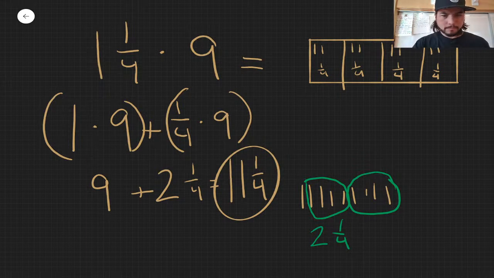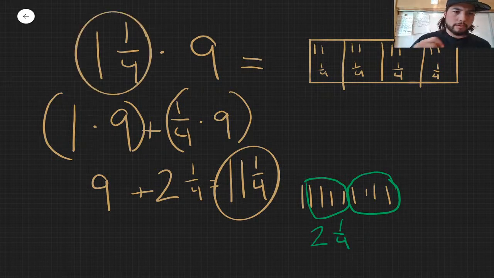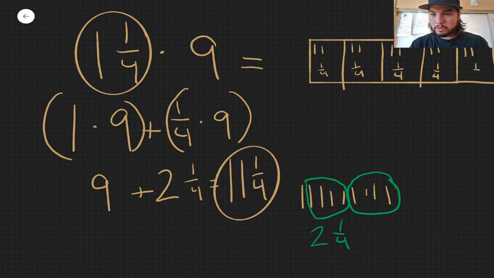So here, we can just say, wait a minute, if I have 1 and 1/4, this is 1 here, I need 1 more fourth. So I need 1 more group of 2 and 1/4. And then I can add them all up to get 1, 2, 3, 4, 5, 6, 7, 8, 9, 10.